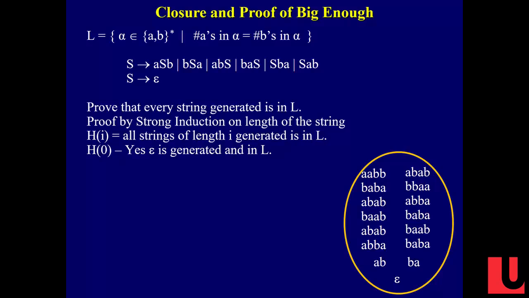H0 says, how many strings are of length 0? Only the empty string. It's generated, and it has the same number of A's and B's. By strong induction, we assume H0, H1, all the way up to Hi minus 1 is true already, and now we prove that Hi is true.